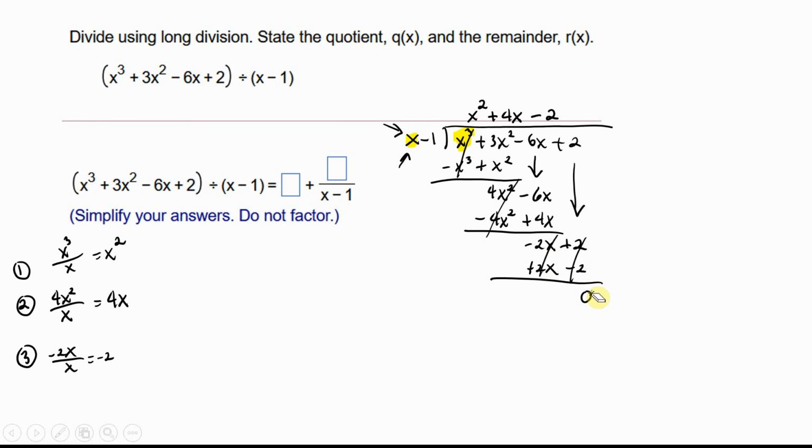Remainder 0. So here, what goes in there is the x squared plus 4x minus 2. And here, what goes here is 0, because my remainder there was 0. Okay? All right, let's look at the next one.